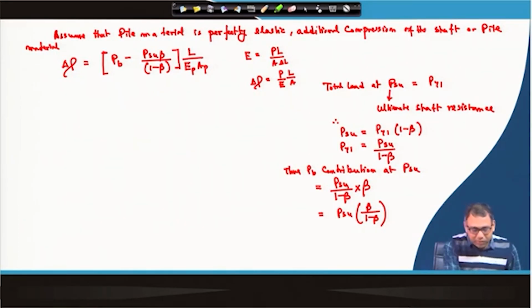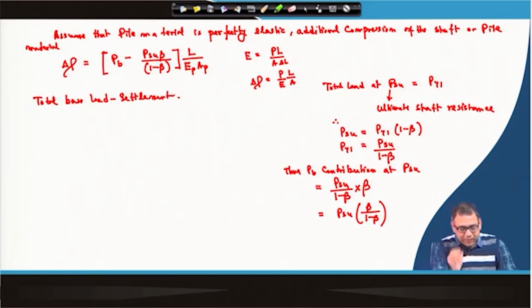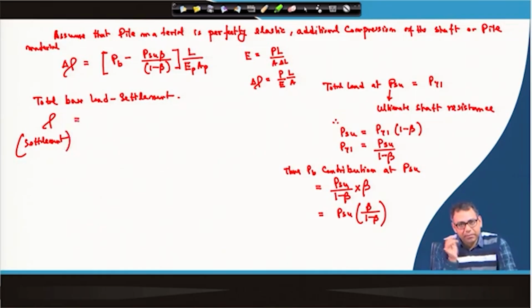Now the total base load versus settlement. The total settlement will be the settlement due to the soil plus the settlement due to the pile material.